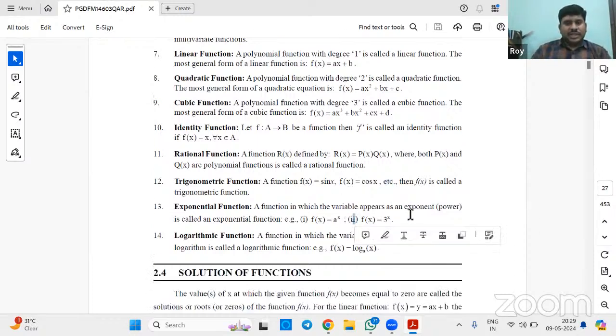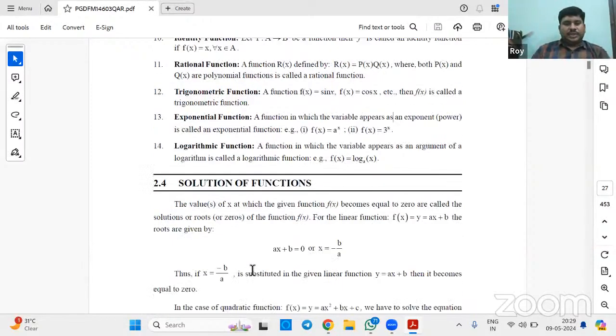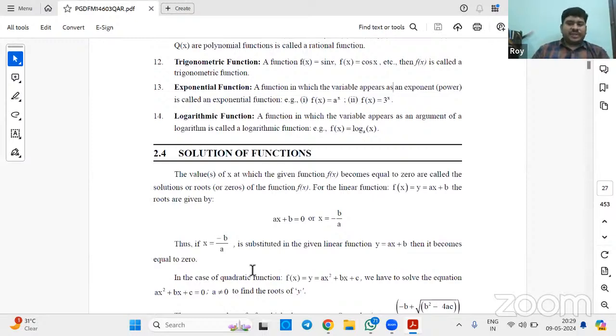Exponential means it is an exponent power, x square, x cube, like that. Logarithmic function, right? A function in which the variable appears in the argument of a logarithm, we call it log x.